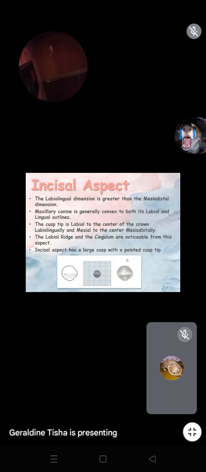The labial ridge and the cingulum are noticeable from this aspect. The incisal aspect has a large cusp with a pointed cusp tip.